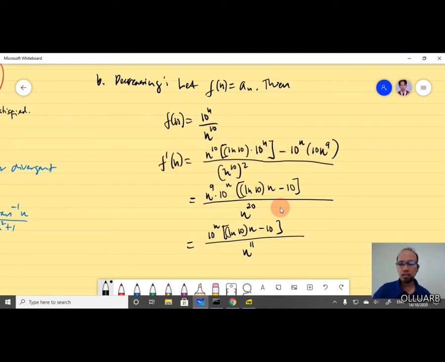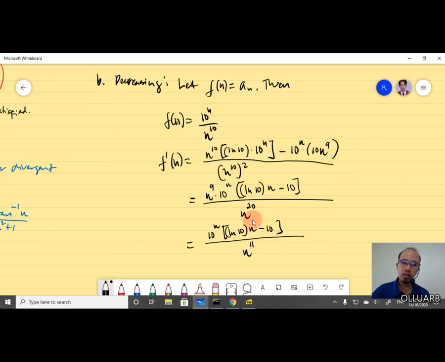Okay, so that's a challenging question. Let's look at the graph. So what will happen if this is 1 million? Meaning to say, this is always 10 to the n, and n to the 11 is always positive.